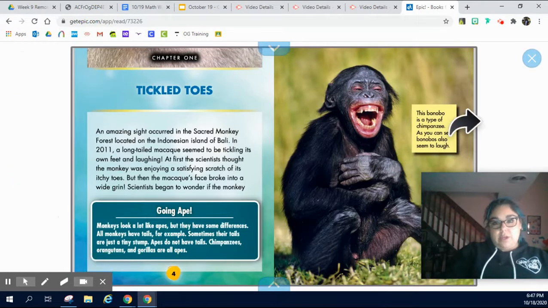So in this book, the caption is right here. It's kind of telling you a little bit about what's happening in the story. It says this bamboo is a type of chimpanzee. As you can see, the bamboos also seem to laugh. All right. So this is a caption. It tells us what's happening in the picture.